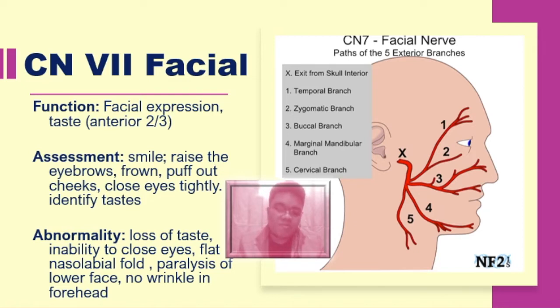Abnormality of this cranial nerve would manifest as loss of taste, inability to close eyes, flattening of your nasolabial fold, paralysis of your lower face, and even the reduction or absence of wrinkles at your forehead could be a sign of CN7 problem. Okay, you have there the 5 branches on the picture on the right. So you have your temporal branch, your zygomatic branch, your buccal branch, your mandibular branch, and then your cervical branch.